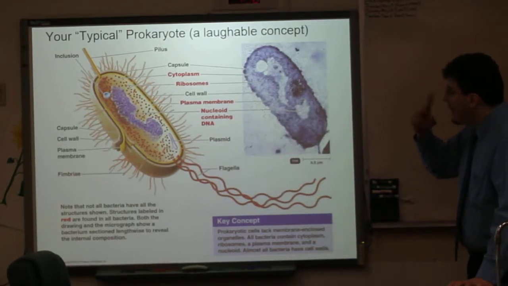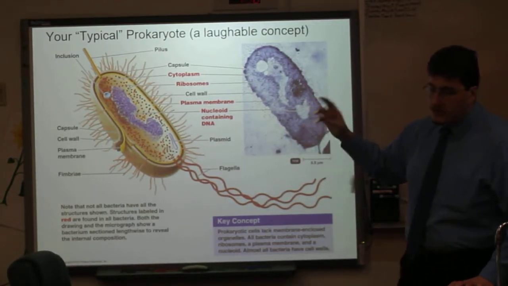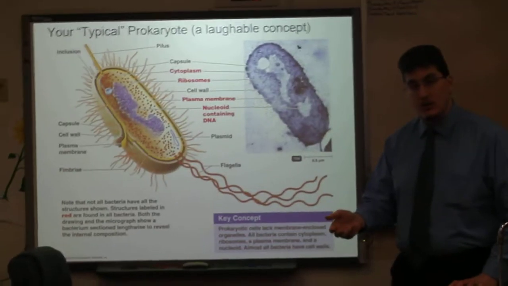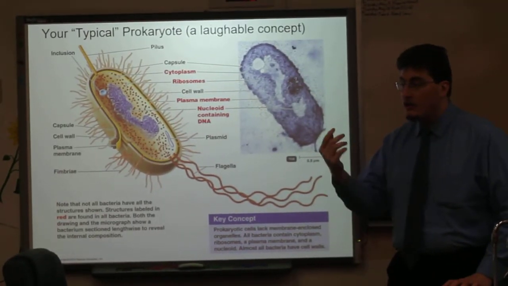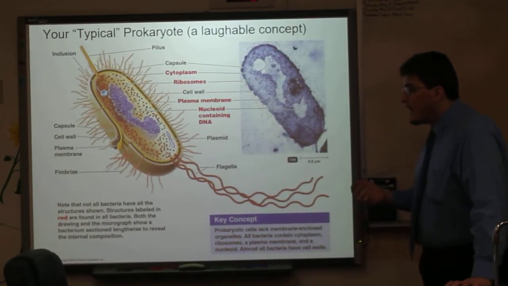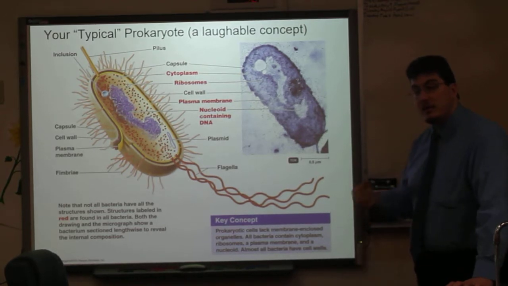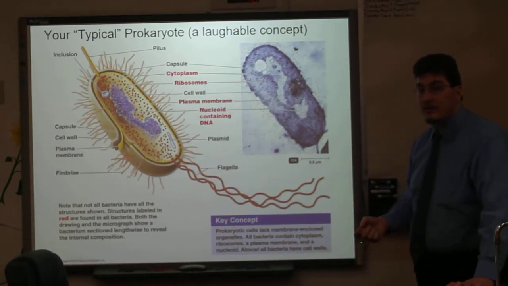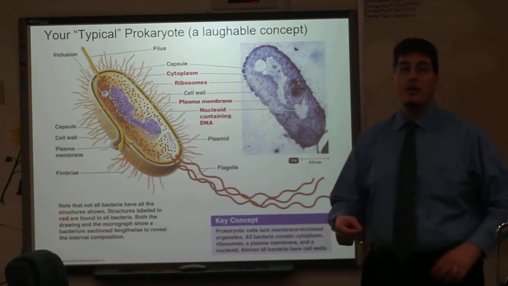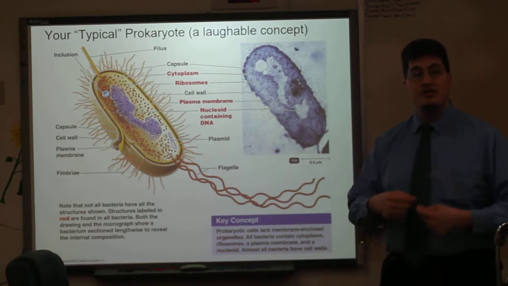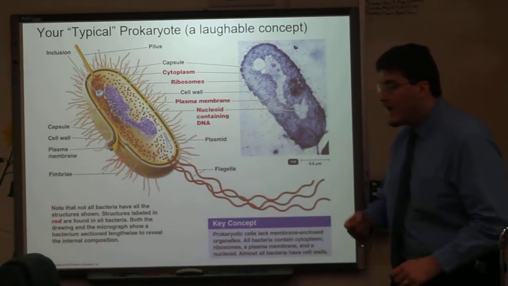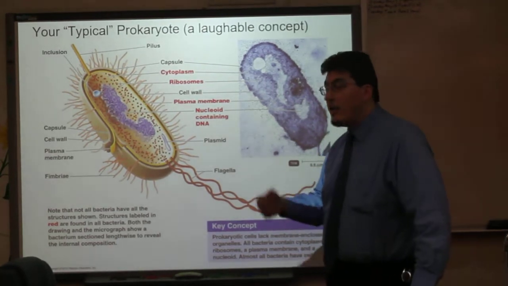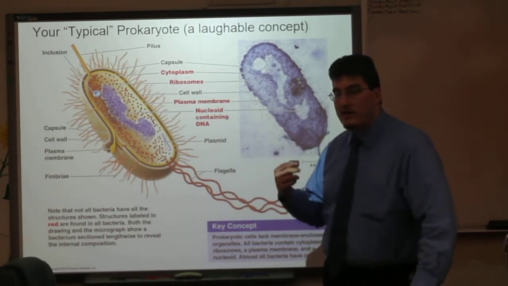Now, the capsule is also known as the slime layer. It's composed of a layer of proteoglycans, and the proteoglycans is a mixture of proteins and polysaccharides. These proteins and polysaccharides are going to control the exterior environment to the cell, and they will keep that cell moist, and that's why it's called a slime layer.